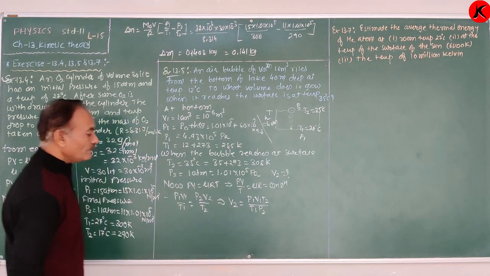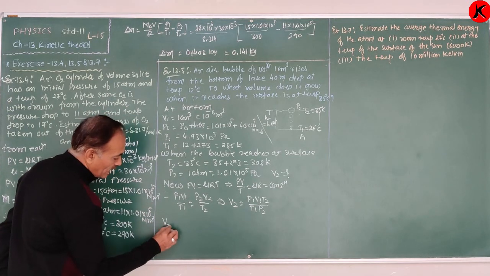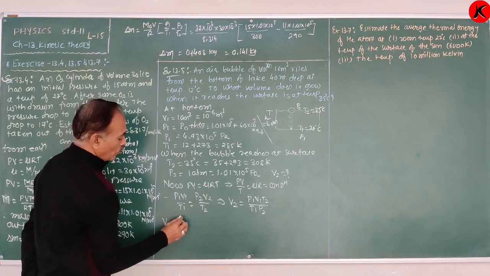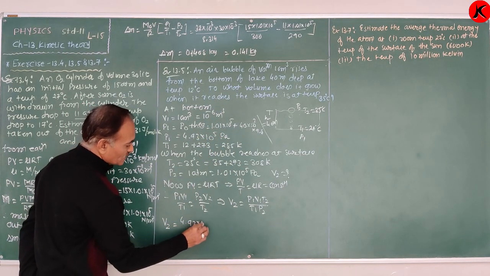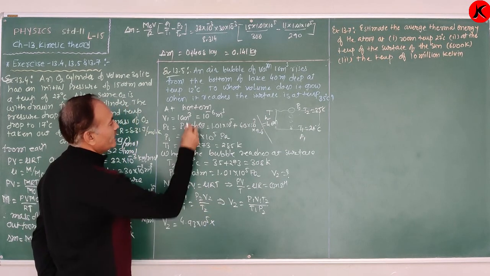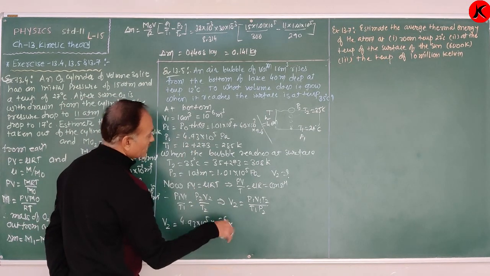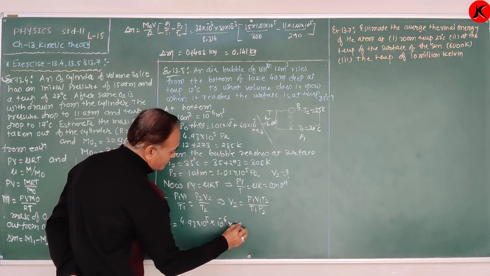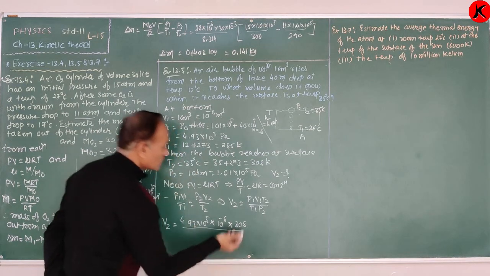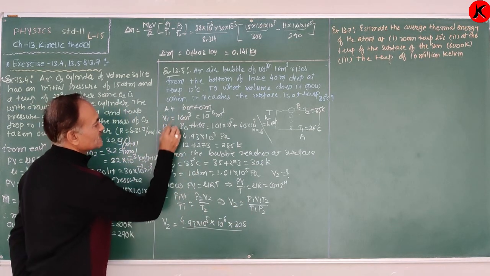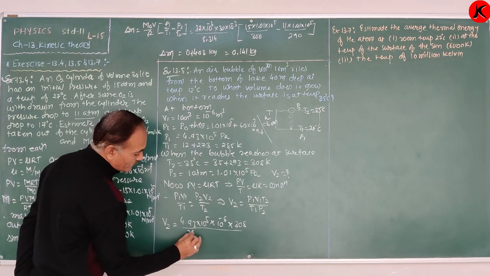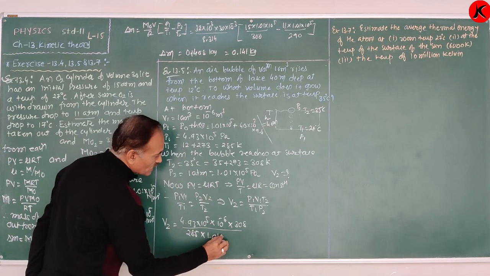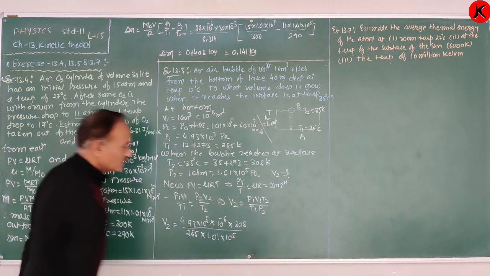Now substitute all the values. The volume of the bubble on the surface: P1 is 4.93 into 10 to the 5, volume V1 is 10 to the minus 6, T2 is 308 Kelvin upon T1, which is 285, into P2, which is 1 atmosphere, 1.01 into 10 to the 5.